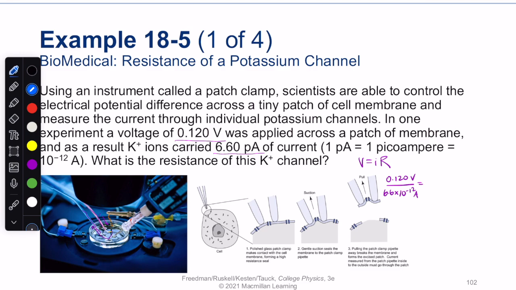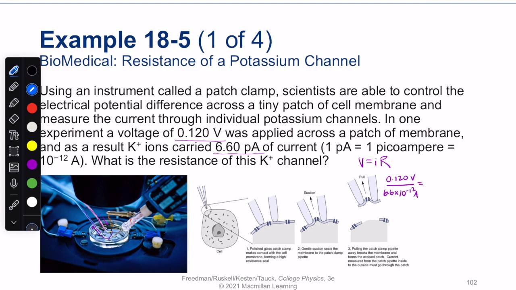Well, there's an instrument called a patch clamp, and this patch clamp sticks onto a portion of the cell and measures the resistance of that channel. So the way we measure resistance, as I mentioned before, is we apply a particular voltage and we measure a current. And the slope of that graph, depending on which you're plotting on the y and which you're plotting on the x, will give you R. Okay, so, or 1 over R.